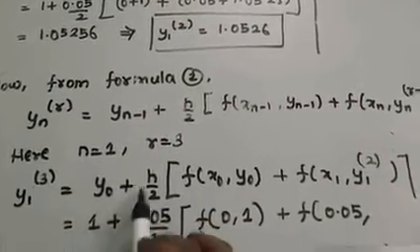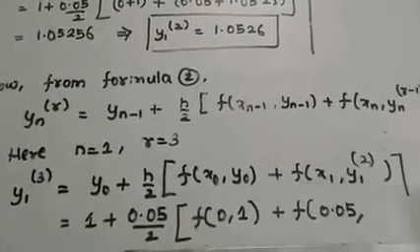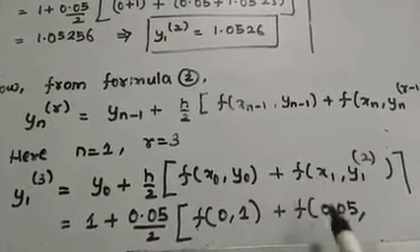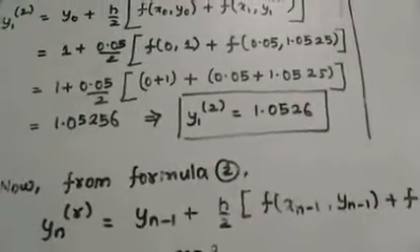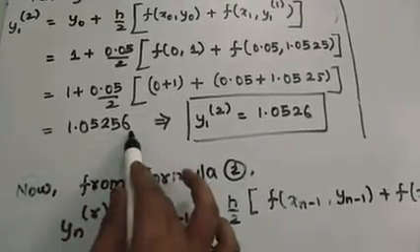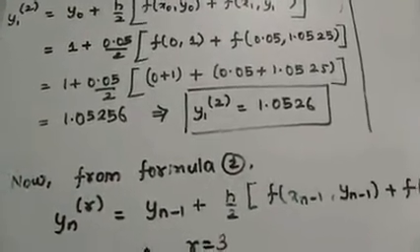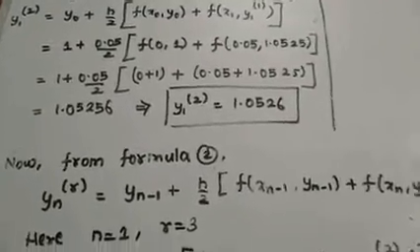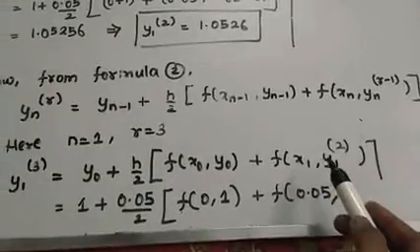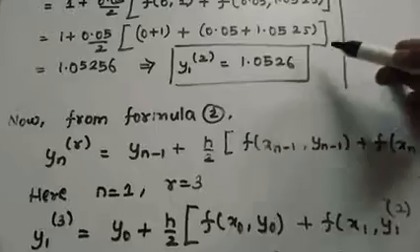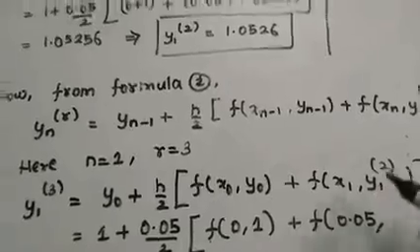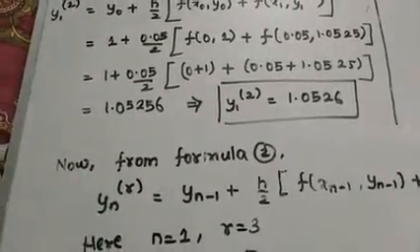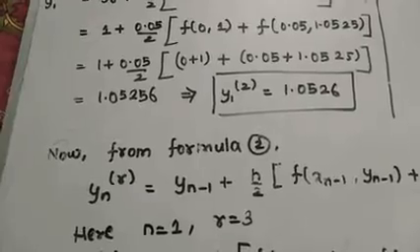So now we have to put the values. y0 value is 1, h value is 0.05, x0 value is 0, y0 value is 1, x1 value is 0.05. Now y1 of 2. Many students have confusion about which value to put: the value we get after the calculation or the approximate value. Students, remember one thing, while solving the question, you have to use the value of y1 which you have already found.